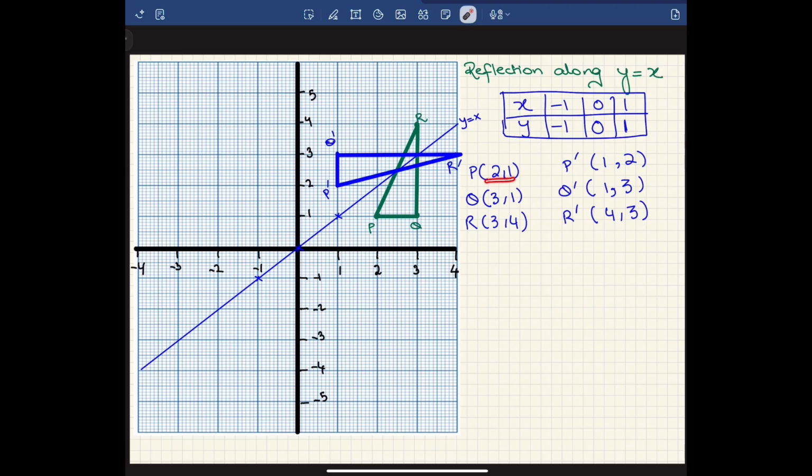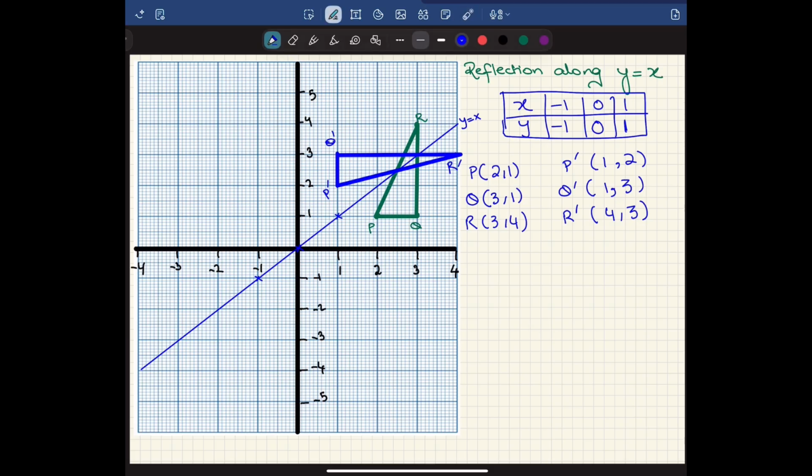So P was 2, 1, P prime is 1, 2. Q was 3, 1, Q prime is 1, 3. 3, 4, 4, 3. So what is happening here? X and Y coordinates are being interchanged. They're swapped, right?